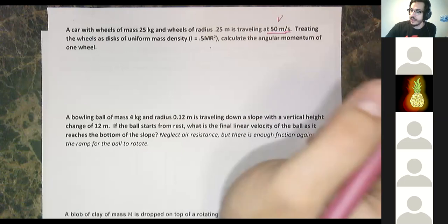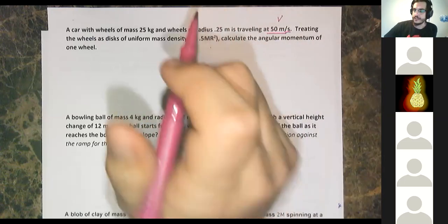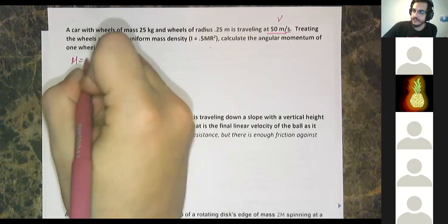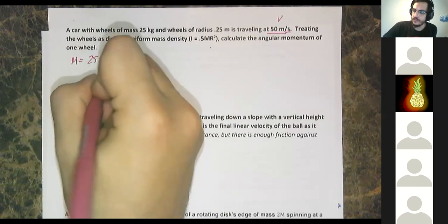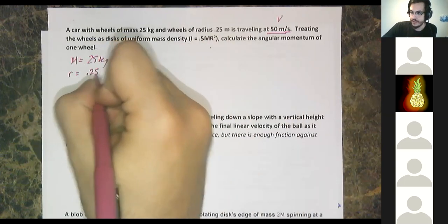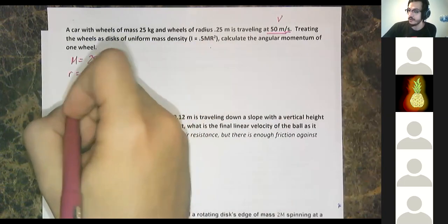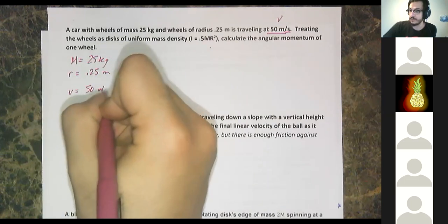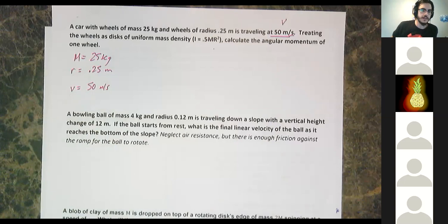But calculate the angular momentum of just one wheel. Oh, thank God. That makes it way easier. So the mass is 25 kilos. The radius is 25 centimeters. And our velocity is 50 meters per second. Some of you would be tempted to make a mistake here.